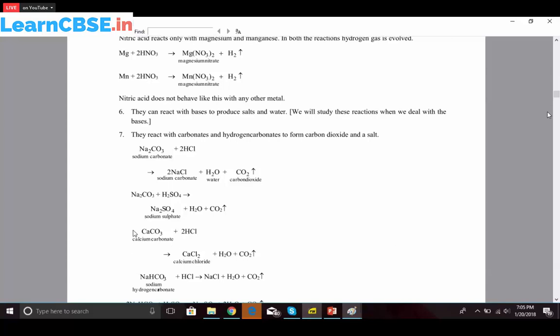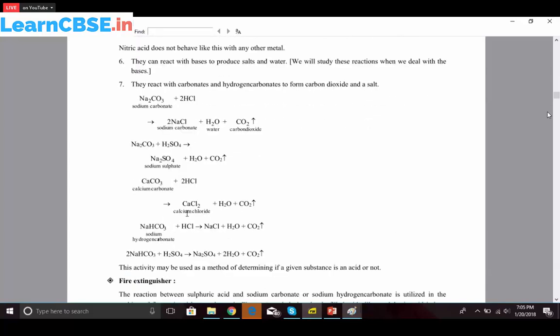Then calcium carbonate can react with the HCl. It gives calcium chloride CaCl2 plus H2O plus CO2 gas. Okay, how will you confirm that the carbon dioxide is coming out? We have to use lime water, which is nothing but slaked lime, Ca(OH)2.